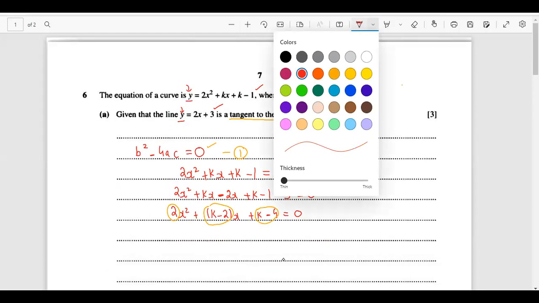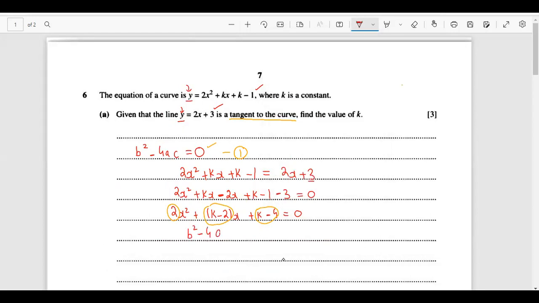So again, it is b squared minus 4ac equals 0. b is k minus 2, squared, minus 4 into a, that is 2, and then into c, that is k minus 4, equals 0. The question was about finding the value of k. You can clearly see that by making the quadratic equation and using b squared minus 4ac, I got equation number 2 that is just in k.